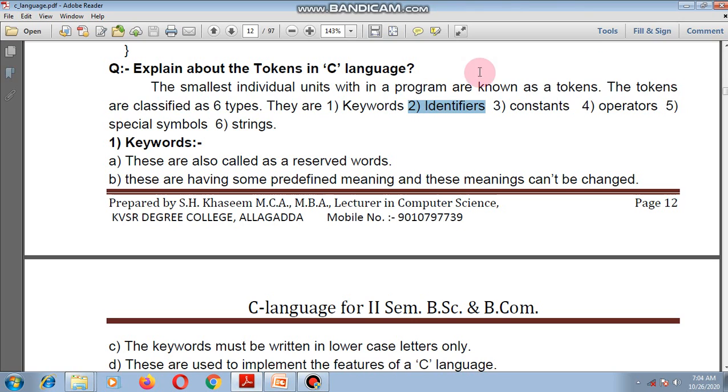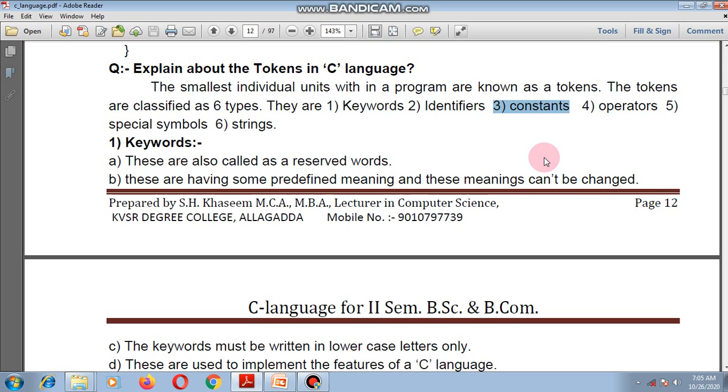Next one is constant. Constant refers to a fixed value, and these values should not be changed during the execution of a program. Constants are classified into two types: numeric and character. Numeric is again classified into two types: integer and float or real constant. Integer constant is classified into three types: decimal, octal, hexadecimal.